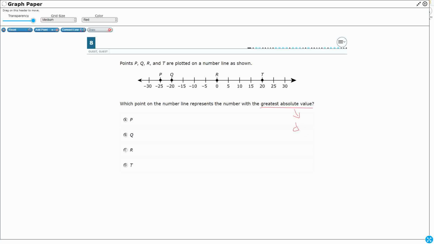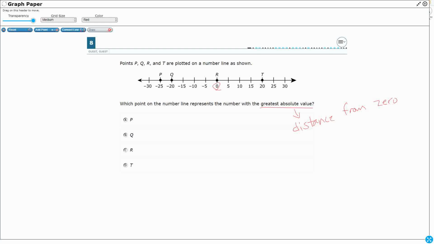And really, when we're looking for absolute value, what we're looking for is the distance from 0. So if we're thinking of a number line, and not all number lines have 0, right? You might have a number line that goes from 10 to 20 or something, but if you're thinking about an infinite number line that goes in both positive and negative, right in the middle is going to be this 0, right?